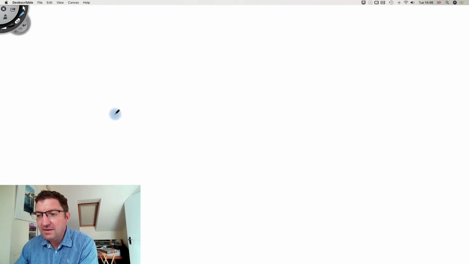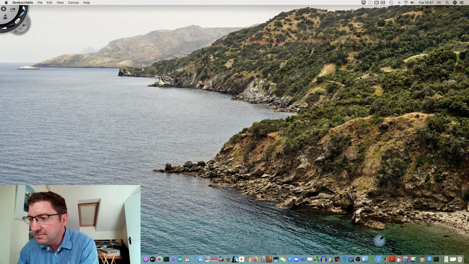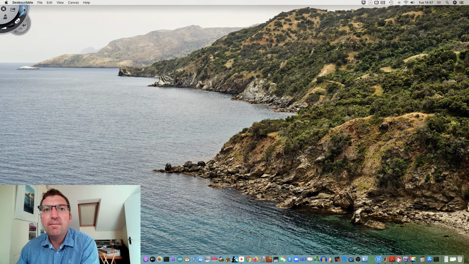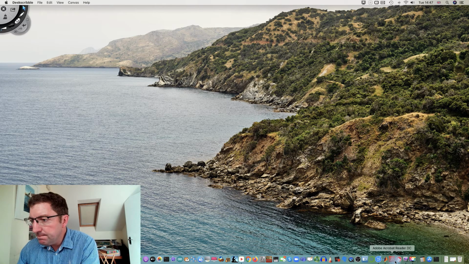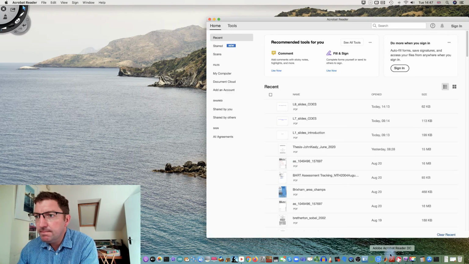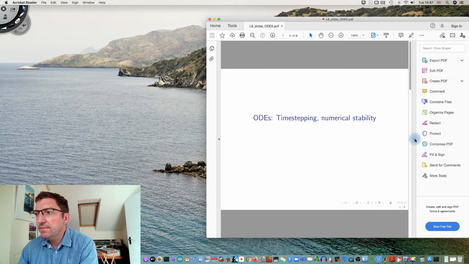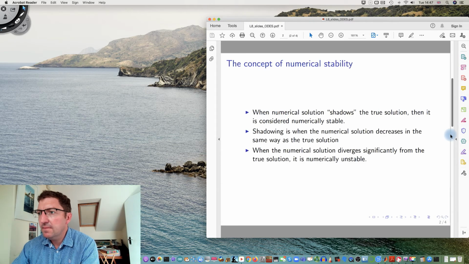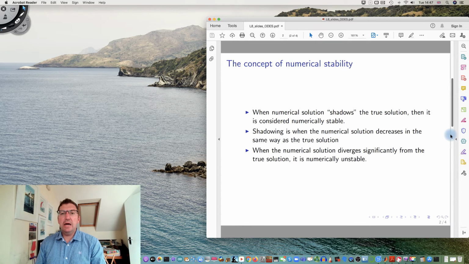I'm going to go back to the slides now. I've taught this type of material for quite a few years now, and I'm conscious that sometimes the sticking point is not necessarily the maths per se, but the concepts that come with numerical methods.